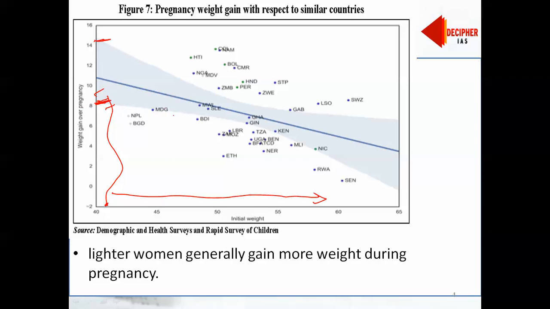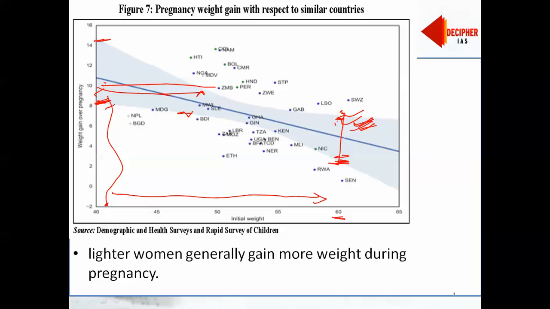See here. When a mother is between 45 to 50 kg, she gains 8 to 10 kgs. You're seeing that? Approximately 8 to 10 kgs. But when a mother is 60 or above, she gains only 5 to 8 kgs or 3 to 8 kgs, which is very low, which can later bring very difficult consequences for the life of the child.